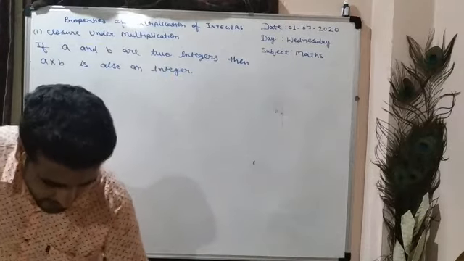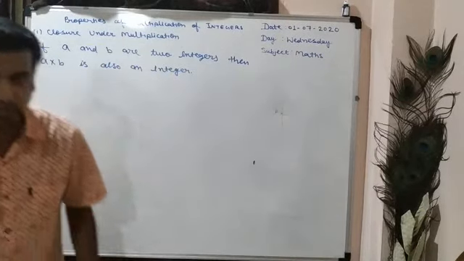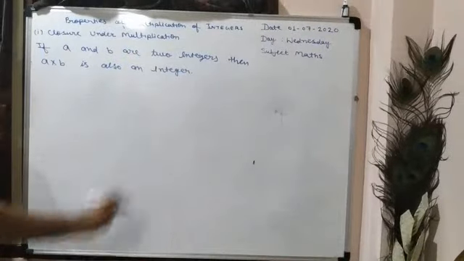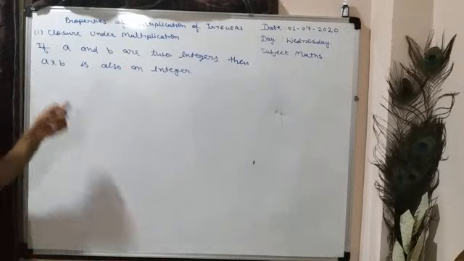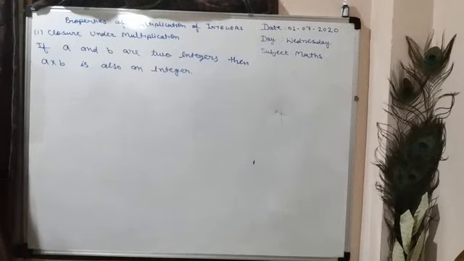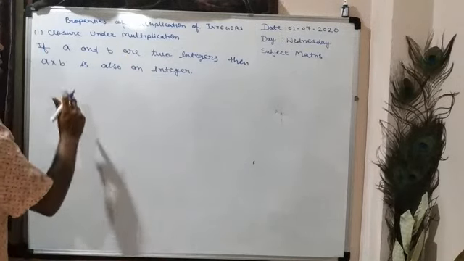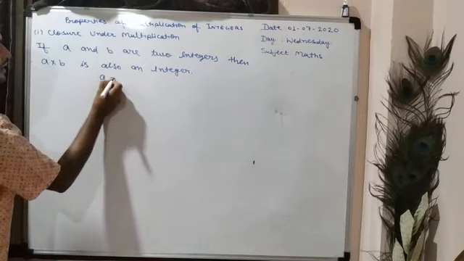With the help of one example, we will understand this property. If a and b are two integers, then a into b, product of a and b, must also be an integer.